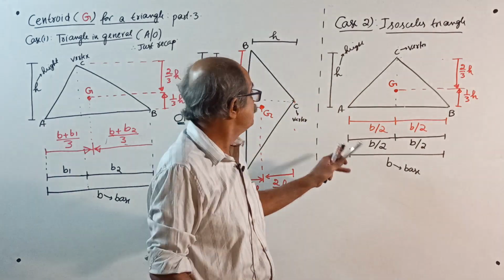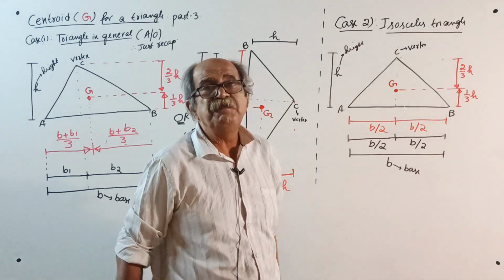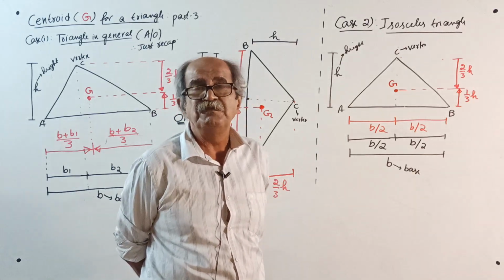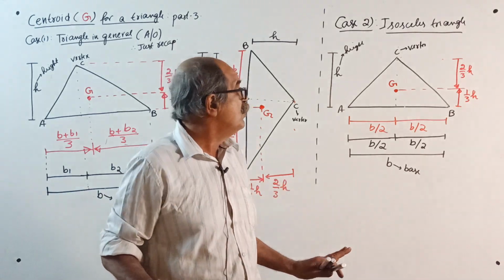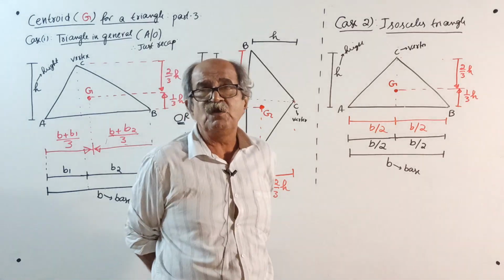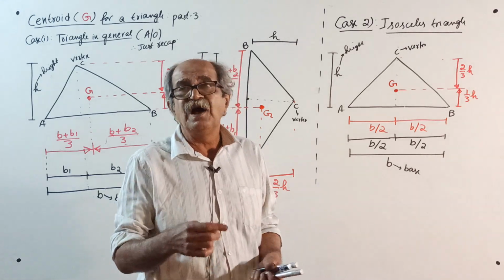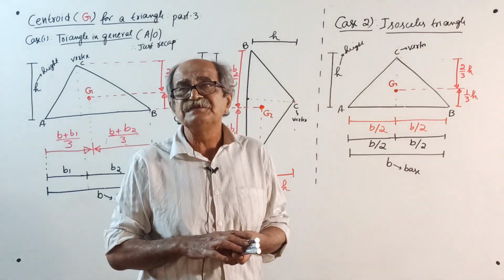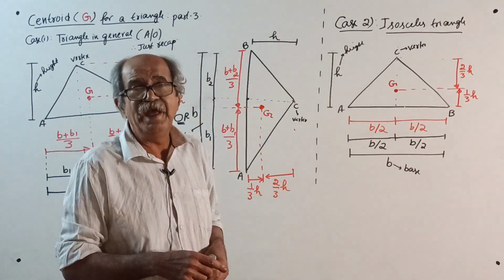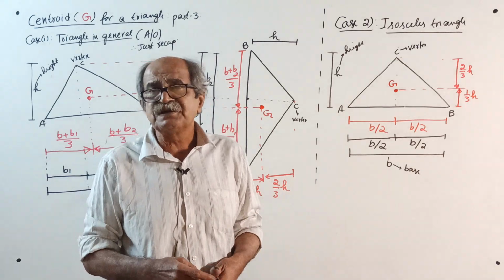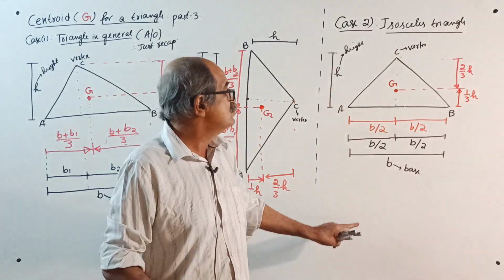Then I will consider the trapezium. Today only I will try the trapezium. Once I finish the trapezium, today's class will be over. I will derive the expression for the location of the centroid for the trapezium. Next class will be a final summary class for both triangle and trapezium, where I will give some extra information regarding that loading also, because it is very important.